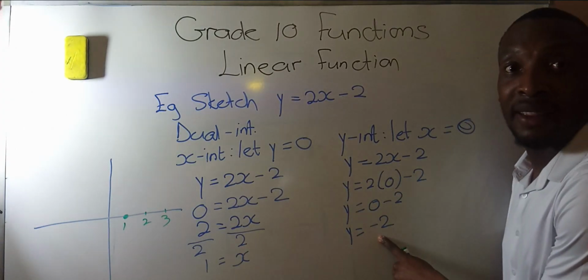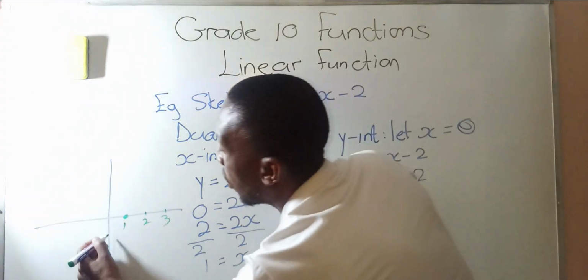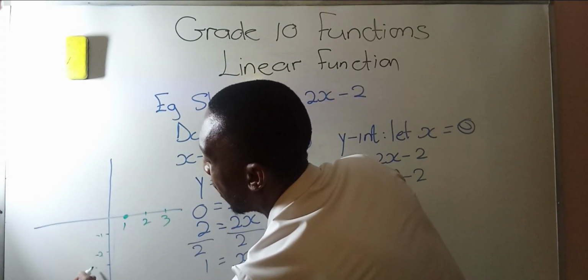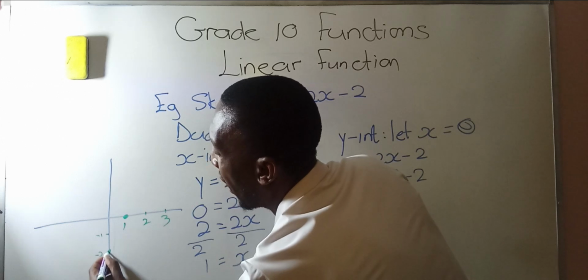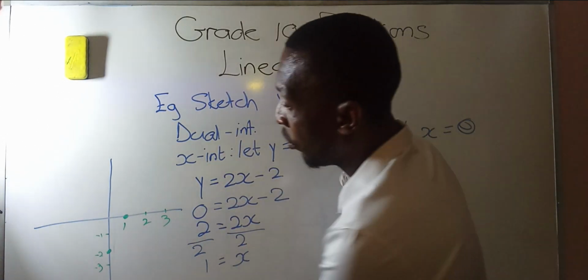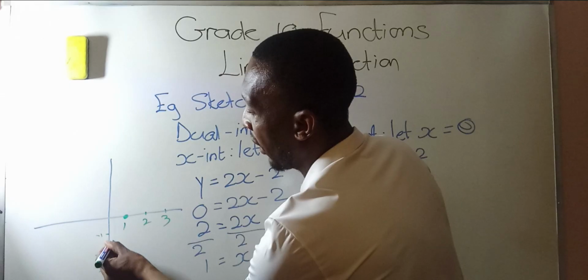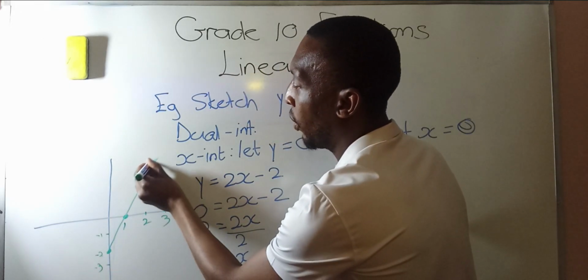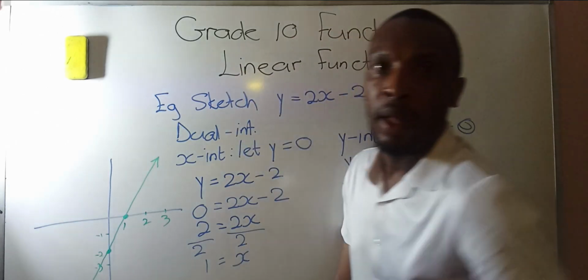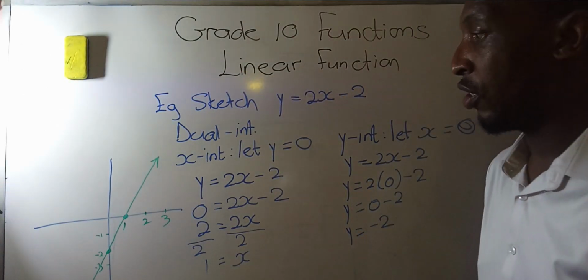And where does it cut the y-axis? At -2. So if this is -1 and this is -2 and that is -3, it will cut the y-axis there. And then I take a ruler, join these two with a straight line. Going that way, put an arrow because it goes on and on forever. And there is my straight line.